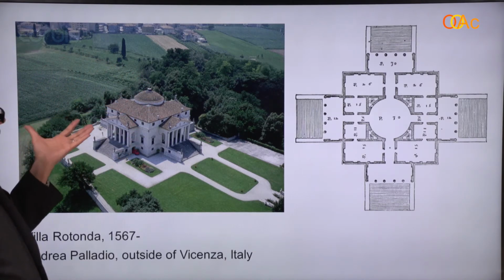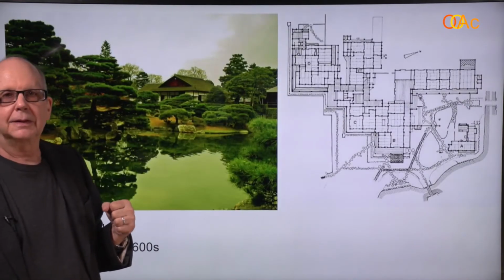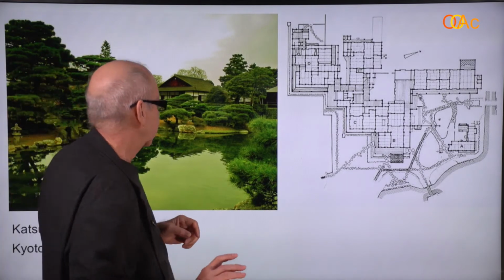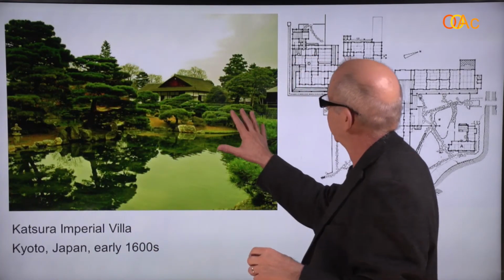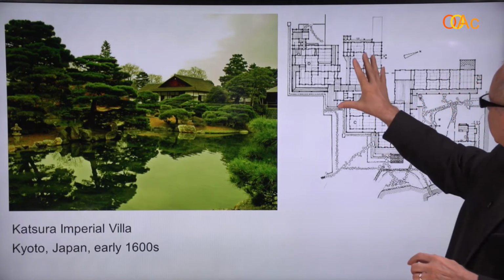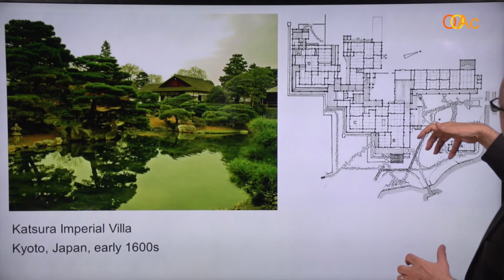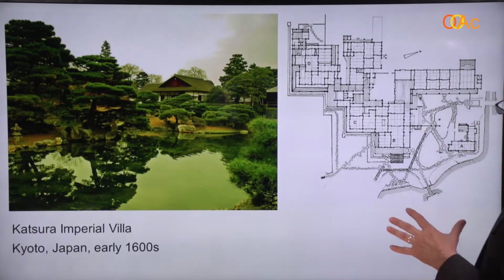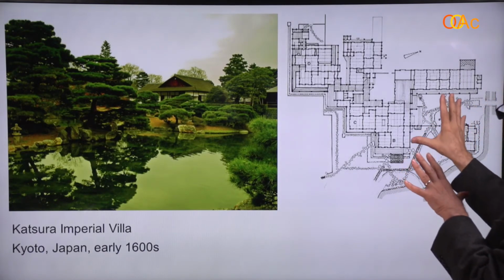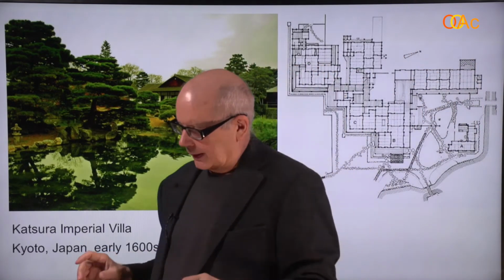So it sees the human being as the central and most important thing. Now, here we are at Katsura Imperial Villa in Japan, integrated with its landscape, meandering into its landscape, interpenetration of inside and outside, and sort of flowing through its landscape.